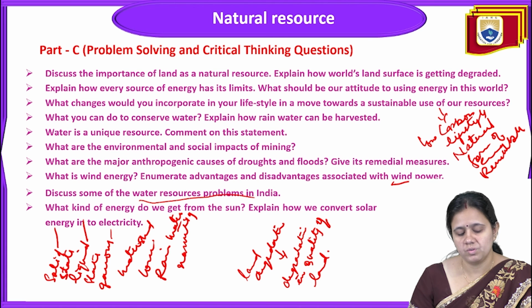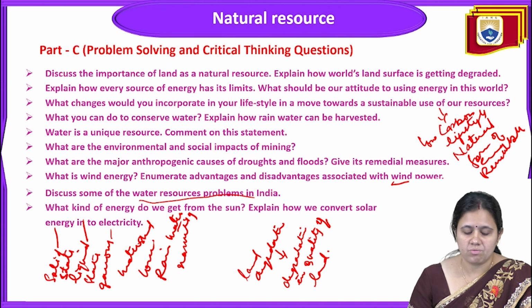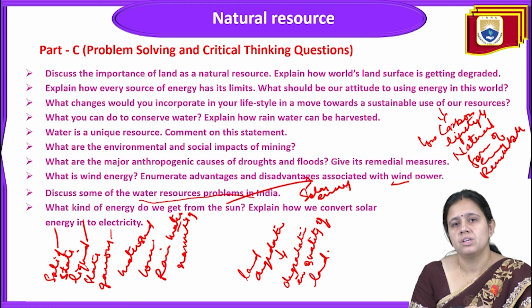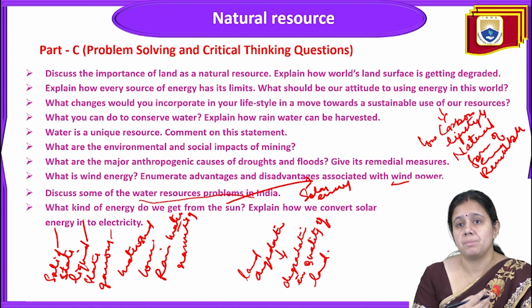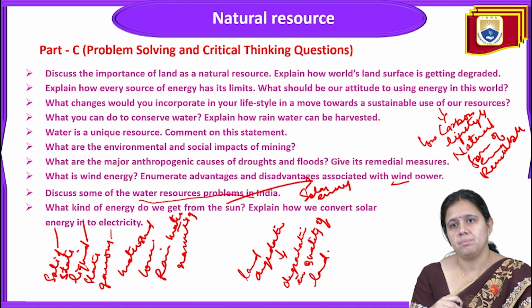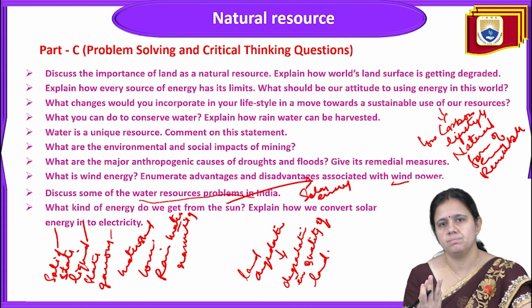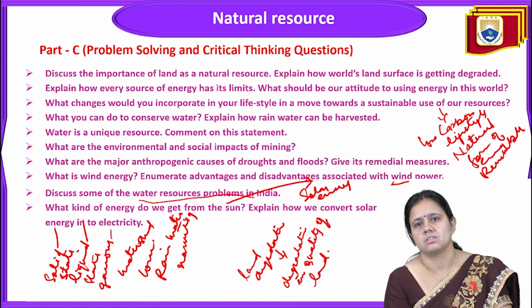What kind of energy do we get from the sun? Explain how we convert solar energy to electricity. So here you have to discuss solar energy and its conversion into electricity, that is by the use of p-type and n-type semiconductors, where sunlight recharges the electrons of the p-type and n-type semiconductors, and due to this recharging of electrons, a photovoltaic effect causes the generation of electricity.